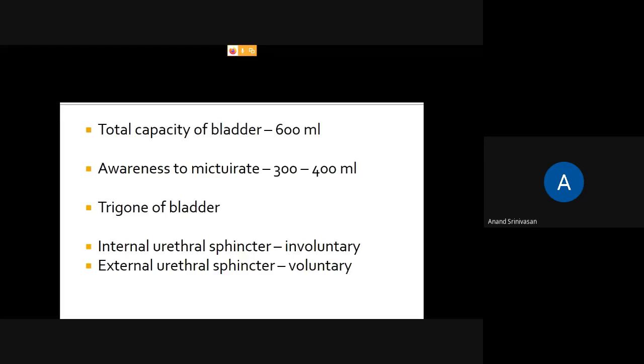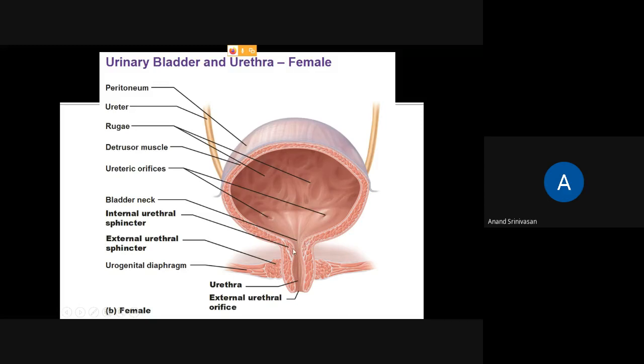So what happens when the urinary bladder is full, say around 300 to 400 ml? The internal urethral sphincter relaxes automatically, because the bladder is full and this sphincter is not under our control. This sends signals to the brain, and the person comes to know that the bladder is full and they have to rush to the washroom.